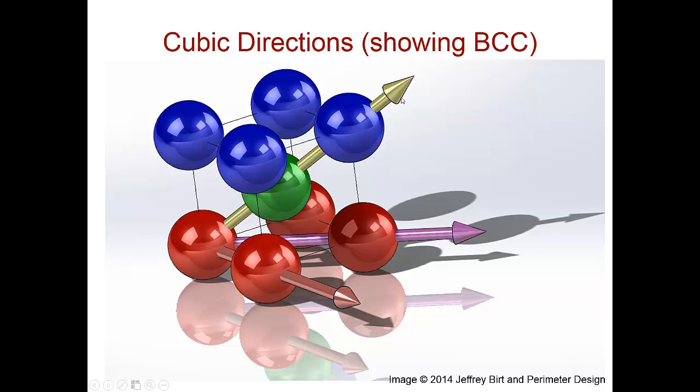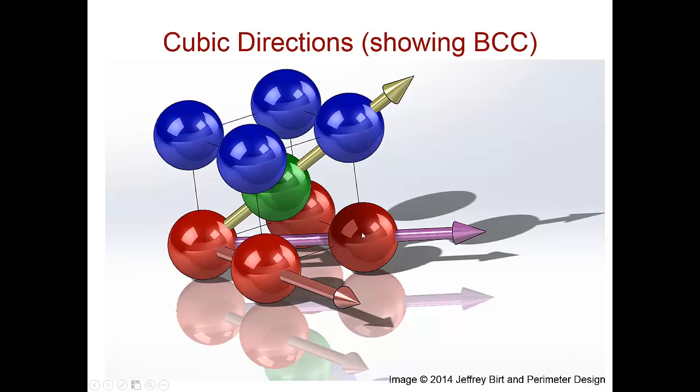Now for the final direction that we have here, this arrow is not just going through this atom, but it's also going through the center here, because I'm showing BCC. So this atom is at 1A, 1B.